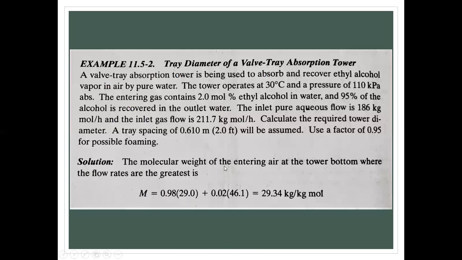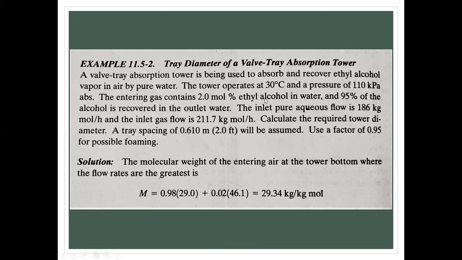Okay, this is a sample problem that will illustrate the tray diameter of a valve tray absorption tower. This is again taken from John Couples. This time we are to recover ethyl alcohol from air, and we are using pure water as a solvent.